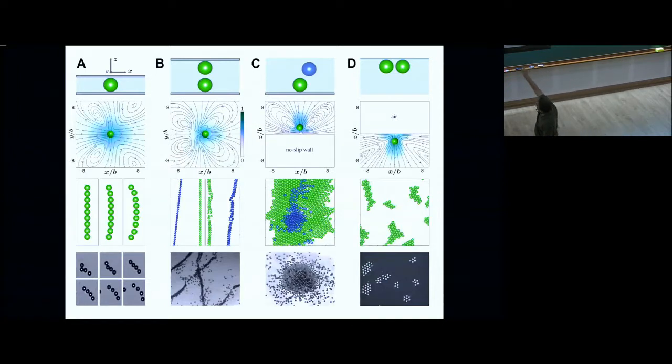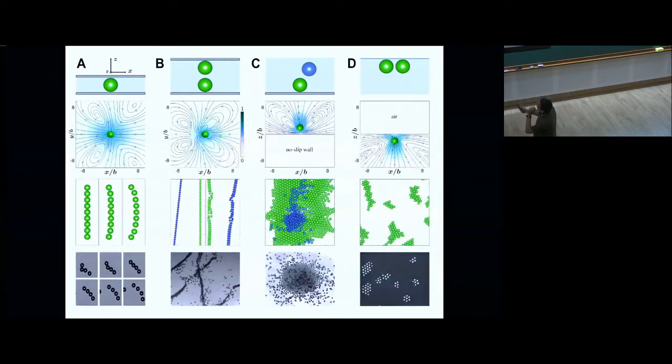So we look at these swimmers in 4 representative geometries, which we think capture a lot of situations. And also the nice thing about these swimmers is that their motion is perfectly 3-dimensional compared to most other swimmers that people have been looking at, right?